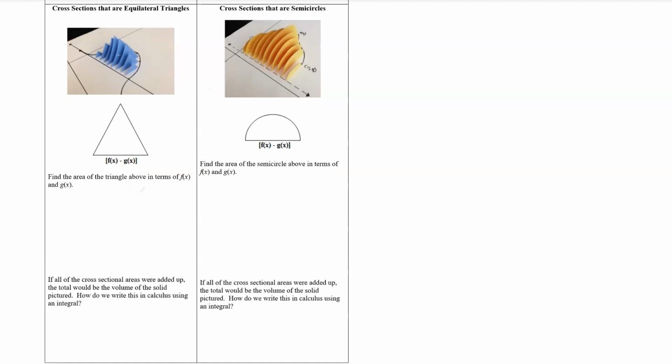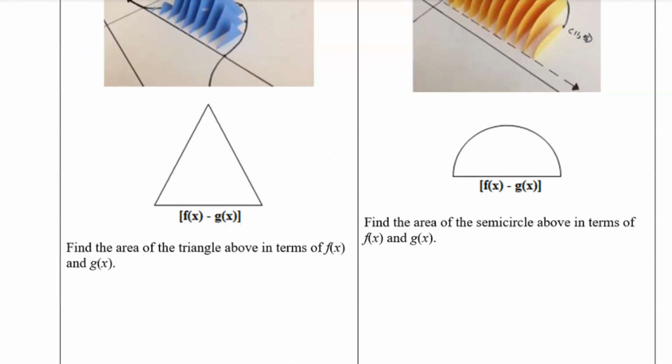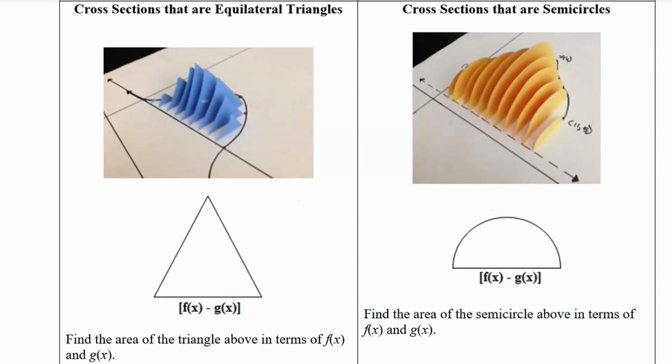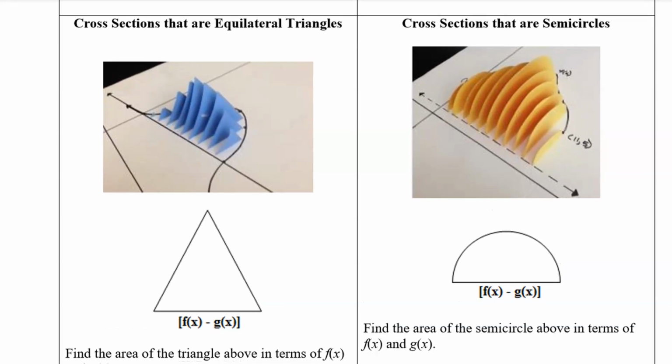All right, so we've got 2 more types of cross sections to review, and that would be the equilateral triangle and the semicircle. In an equilateral triangle, we're going to need to establish some relationships between the sides and get the height in there so we can figure out the area. To get the height in there, we need to drop a segment that forms a right angle with the base.